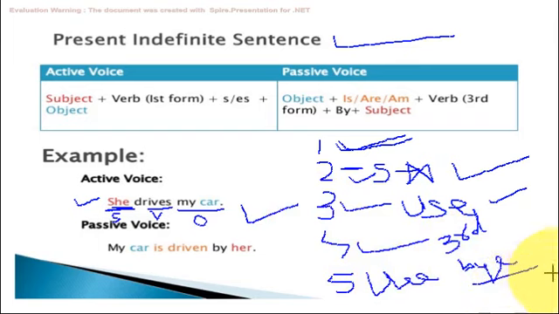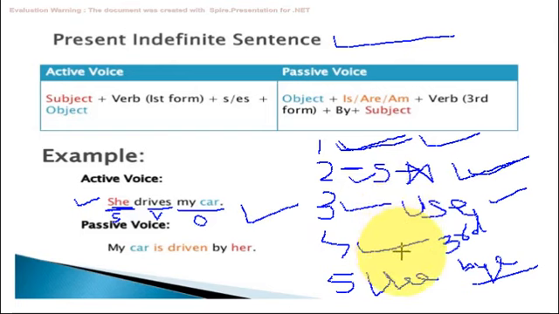Now see how it functions. Now we have seen all the rules. At first you have to identify the type of sentence. You identified it. Then divide the sentence into 3 parts. You divided it. Then interchange the words, that means subject becomes object and object becomes subject. Then our next rule is use the appropriate form of to be according to the subject.